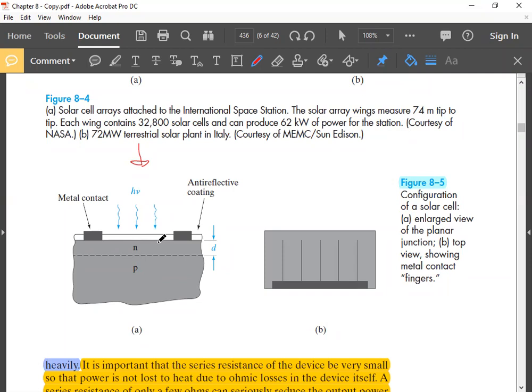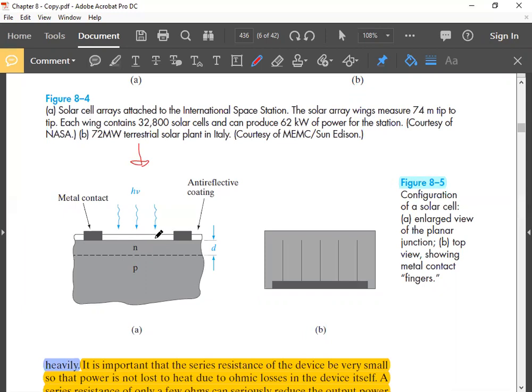Additional energy states, trap states, are created within the forbidden gap, right? So when trap states are created, what happens when an electron absorbs light and is trying to go to the conduction band from the valence band?